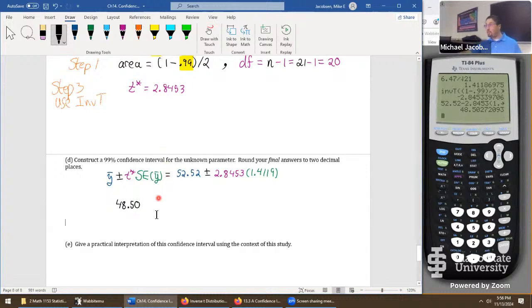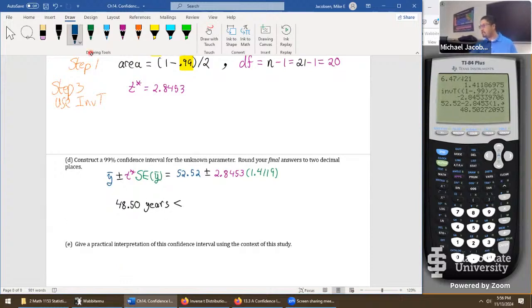Anyone recall what the unit was, though? Was it inches, feet, seconds, years, decades? Years, good call. It's a good idea to put it right here. You wouldn't be docked if you didn't, but it helps us with what we're going to do in part E because we're thinking about the context by putting in that unit. So it's from 48.50 years.